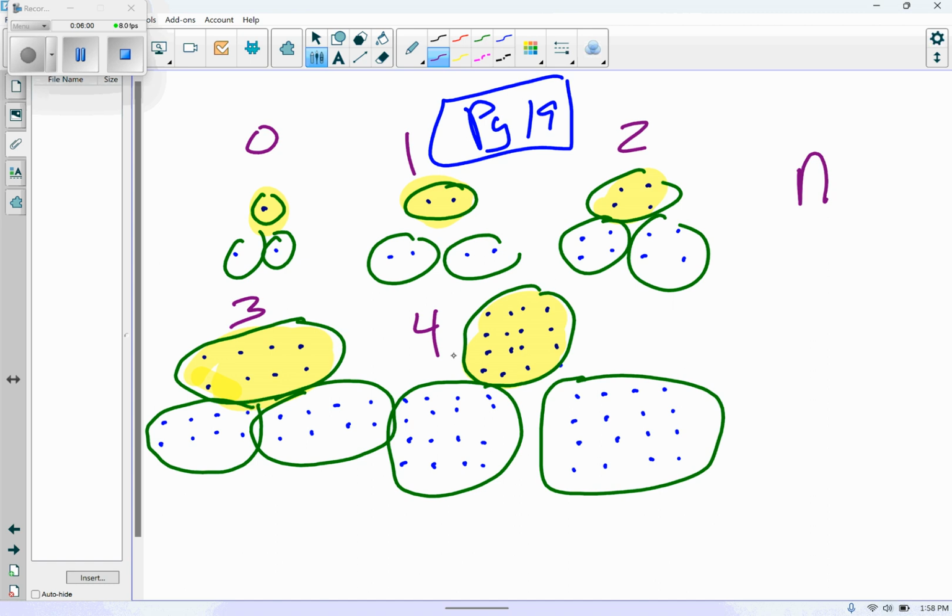So what we want to do is we want to see if we can take this purple number and maybe see if we can plug it in. And if we plug 0 into N, N is 0, so that would mean no dots. Well, I have 3 dots. So that's not quite right. So how can we maybe start building upon that a little bit more?